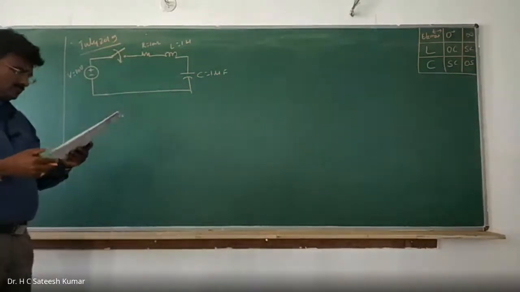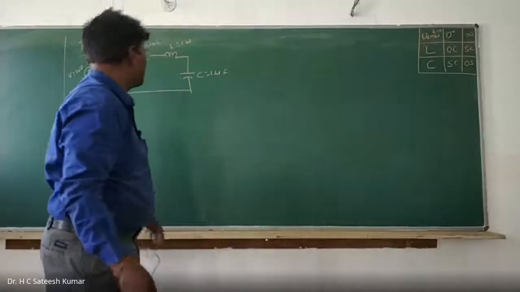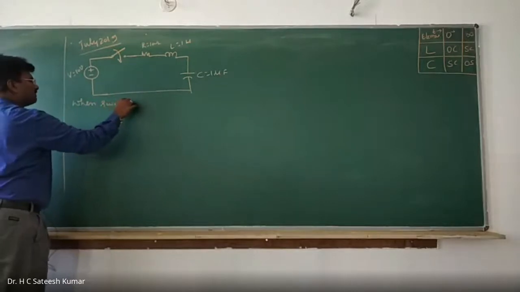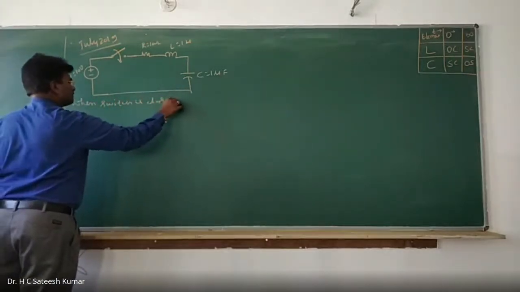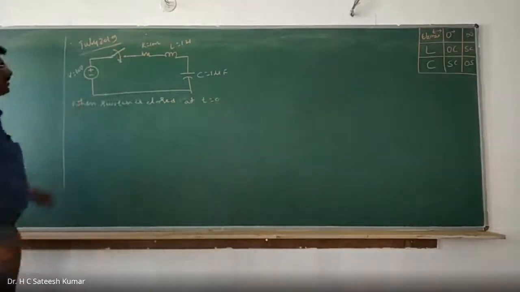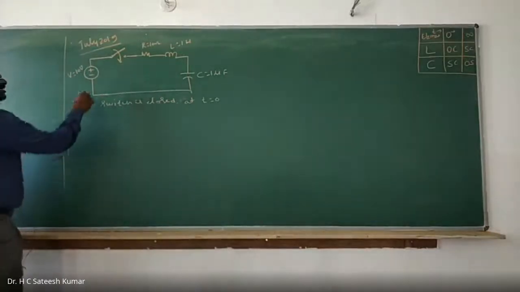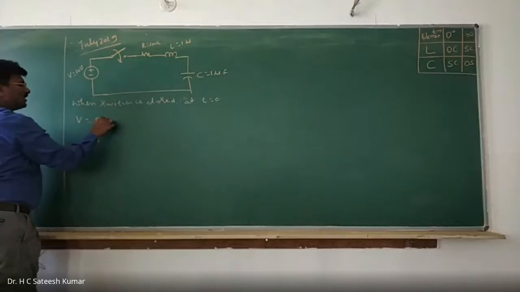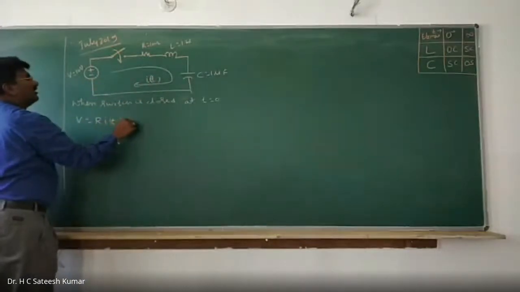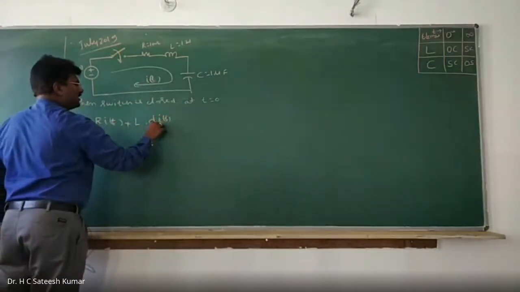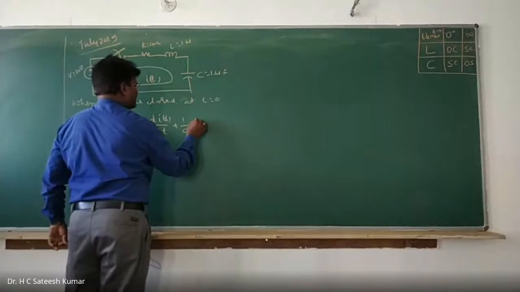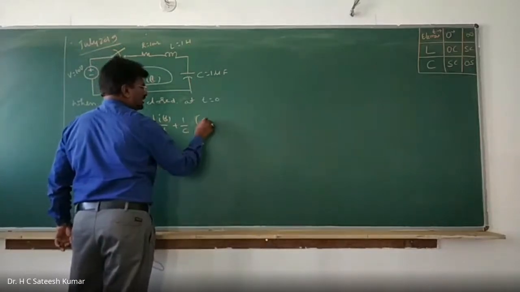Let us go for the basic condition. When the switch is closed at t is equal to 0, we are going to get an equation by KVL, where i of t is the current flowing: V is equal to R into i of t plus L into di of t divided by dt plus 1 by C into the integration of i of t dt.